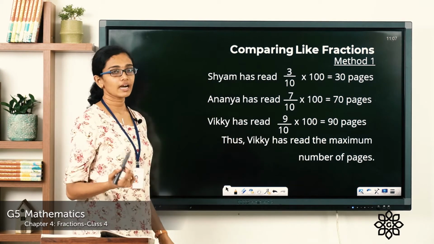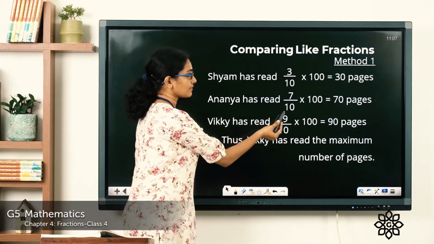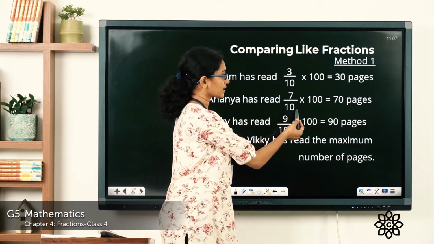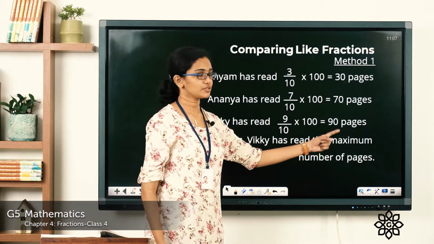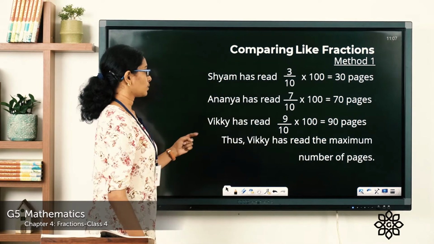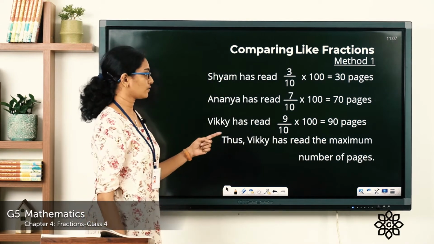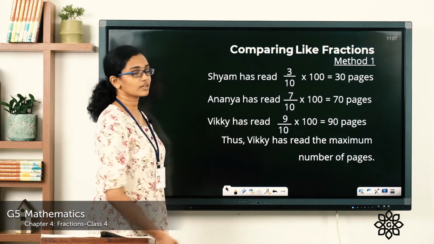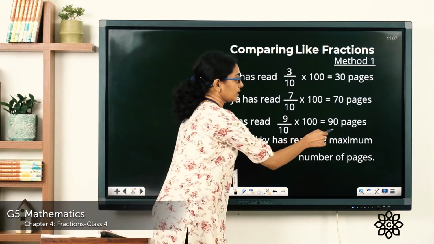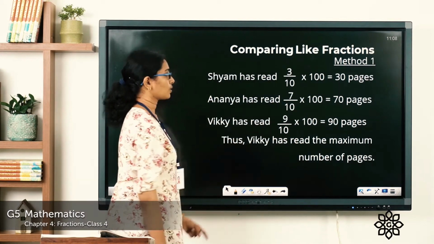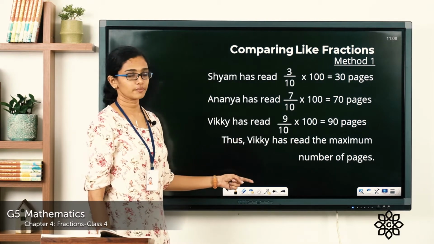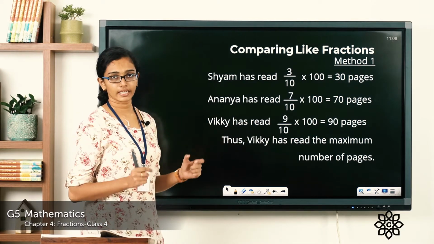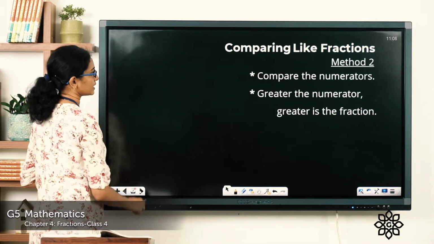Ananya has read 7 by 10th of 100 pages, which is 7 by 10 into 100, that is equal to 70 pages. Now Vicky has read 9 by 10th of 100, which is equal to 90 pages. So who has read more number of pages? Yes, Vicky has read the maximum number of pages. Here we actually found out how many pages they read. So this is one method.